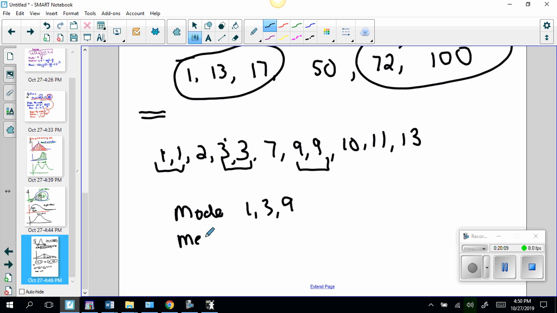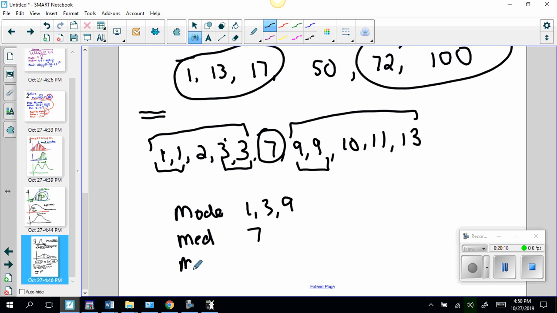The median: you got a set of 5 and a set of 5, so the median is 7. The mean, you add 1 plus ... plus 13, divide by 11, whatever, you can do it. I just wanted to get one more example of mode and median in before we quit.